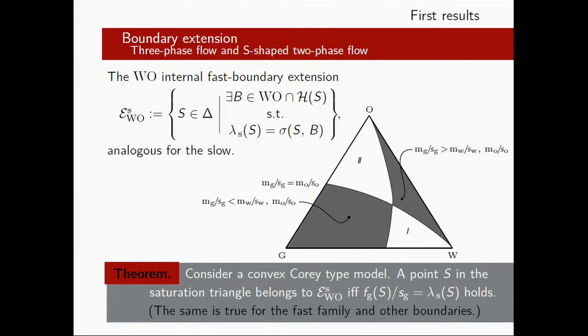This is what engineers call the interstitial velocity. One direction of the relation is direct, the other direction is difficult, but if you have an S-shaped fractional flow at the border, you can do it directly.